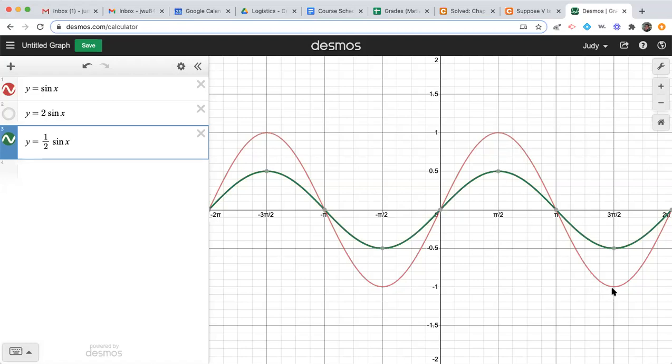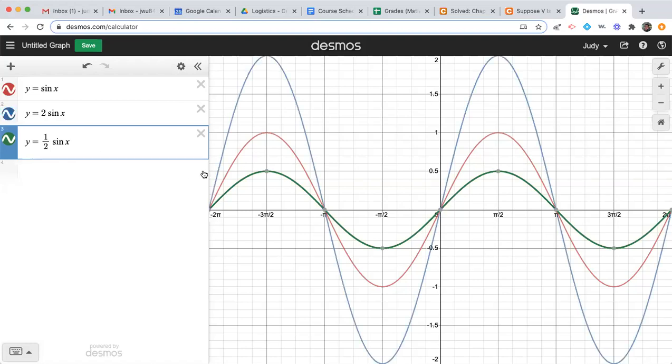And instead of going down to -1, we're only going to go down to -1/2, okay? All right, so I'll unhide the blue curve again, so we can see all three together.